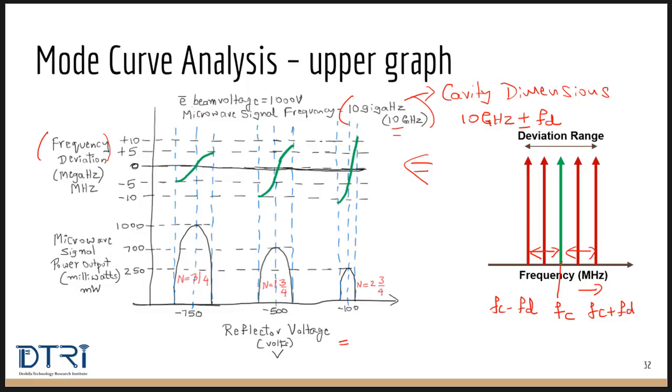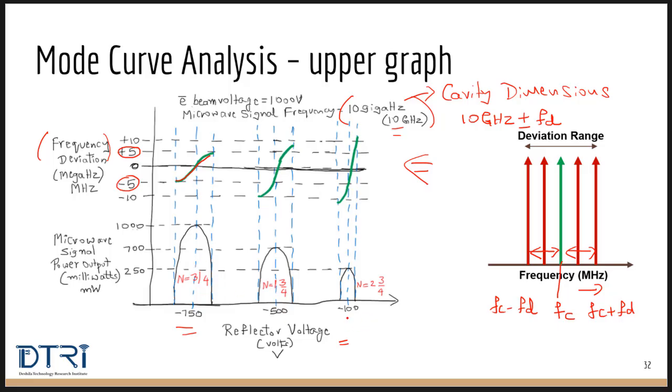As you can see from the upper graph, as the reflector voltage increases, for example minus 750 volts, it's a higher reflector voltage, then we can see that the deviation is lower. See, this is the deviation. Deviation is from minus 5 megahertz to plus 5 megahertz for minus 750.